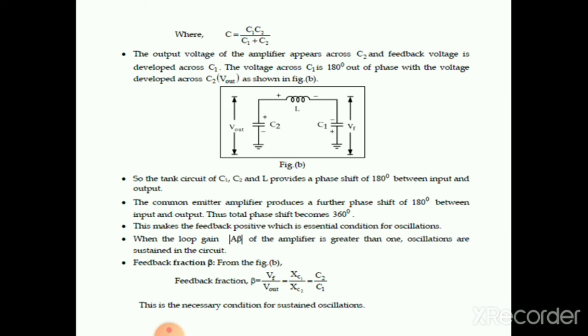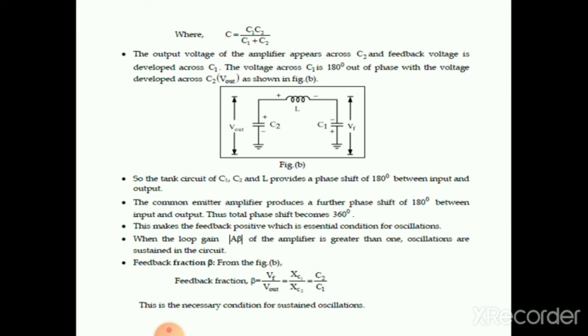So the tank circuit of C1, C2 and L provides a phase shift of 180 degrees between input and output. The common emitter amplifier produces a further phase shift of 180 degrees between input and output. Thus, the total phase shift becomes 360 degrees.